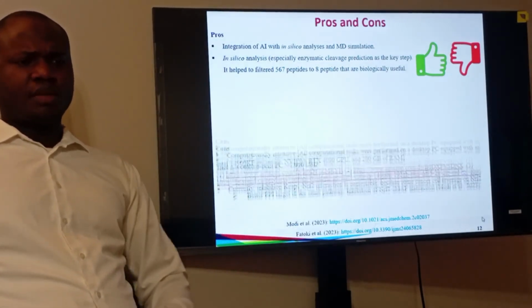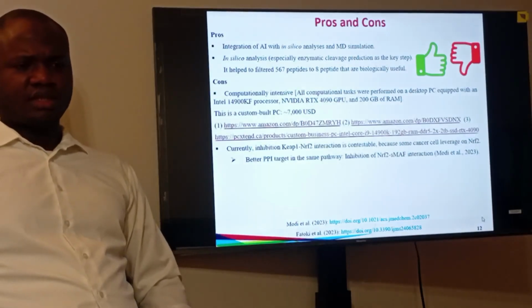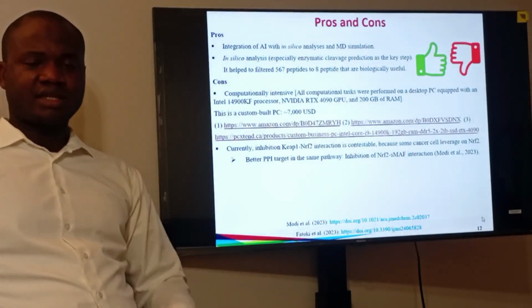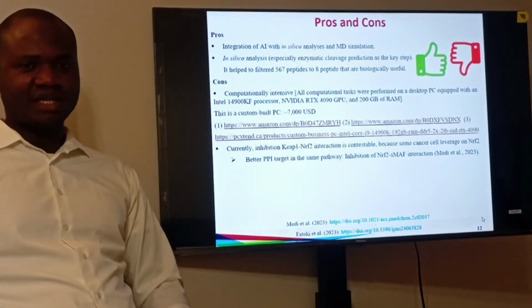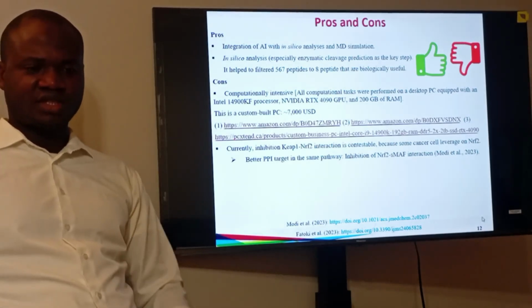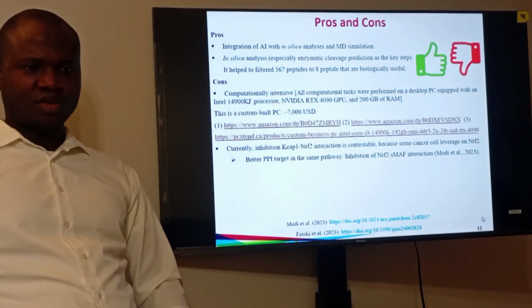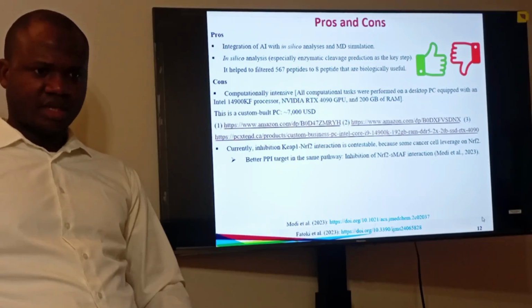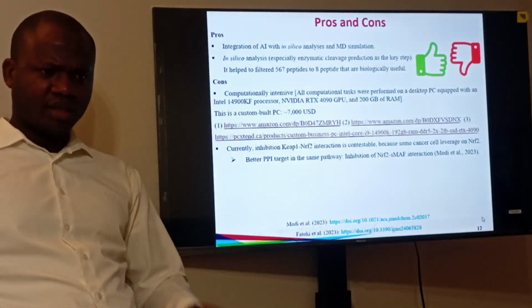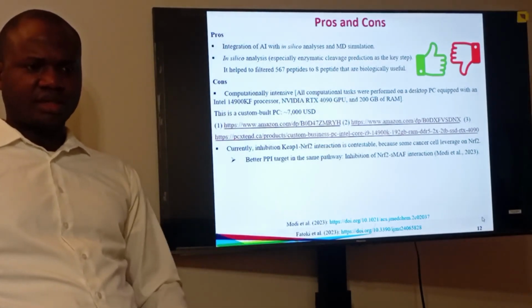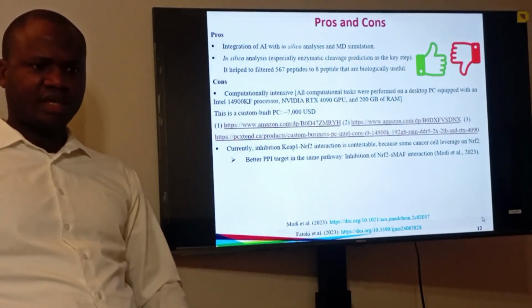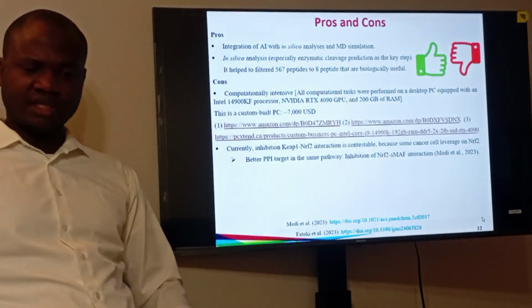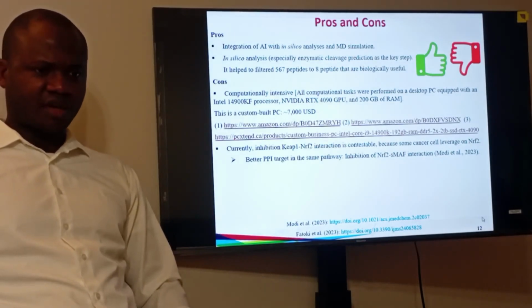useful. But if you consider the cons, the negative part of this work is that it was computationally intensive. If you want to repeat that, you need a lot of resources to implement it. They used a desktop computer with a Core i9 processor and an NVIDIA RTX 4090 GPU, which is a very powerful one.